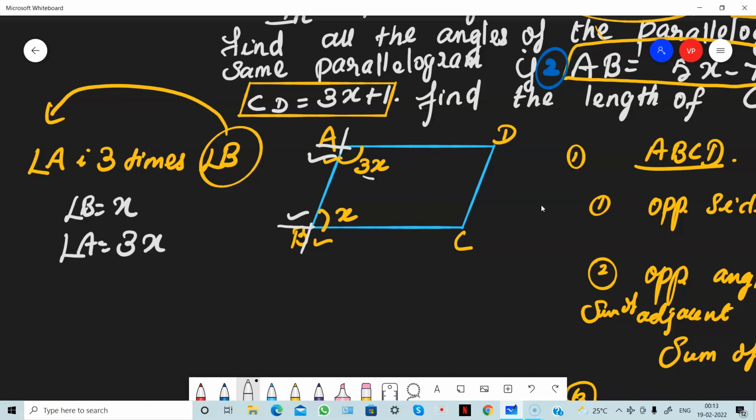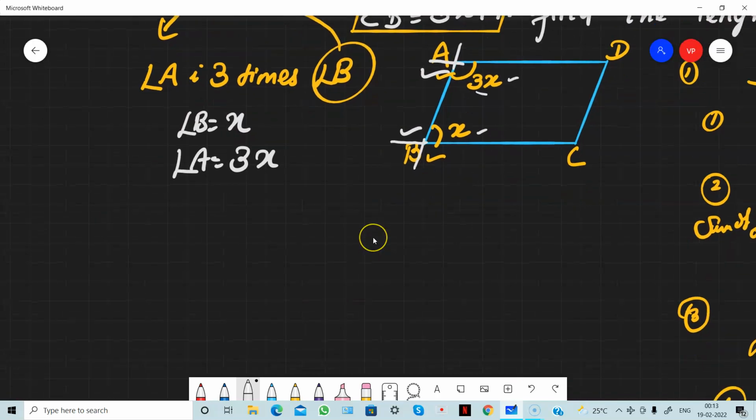But here, when you add these co-interior angles, we get 180 degrees. So these two angles, if you add, we get 180 degrees.